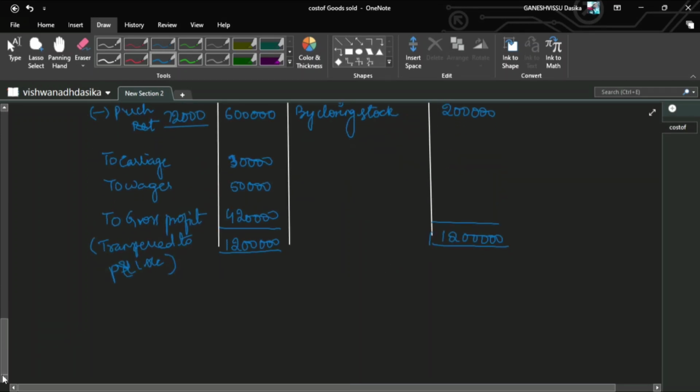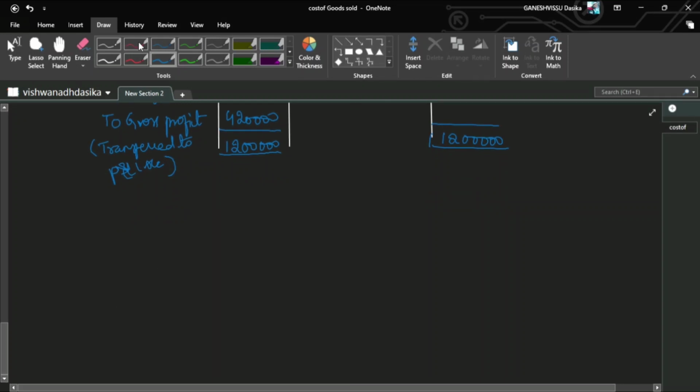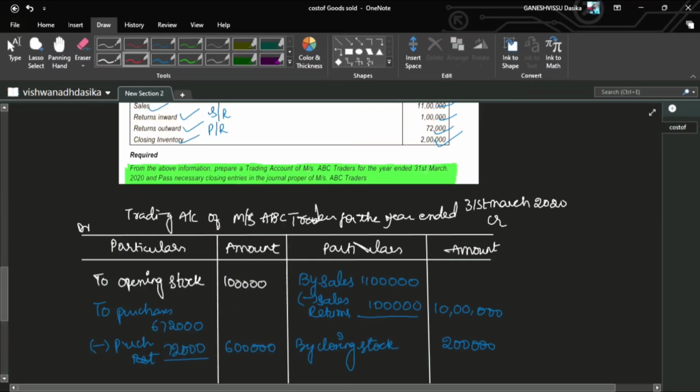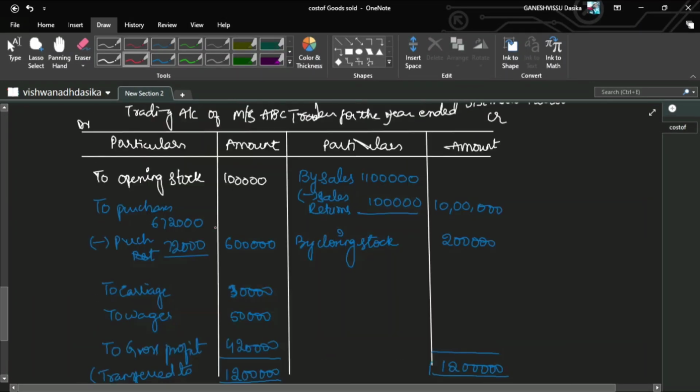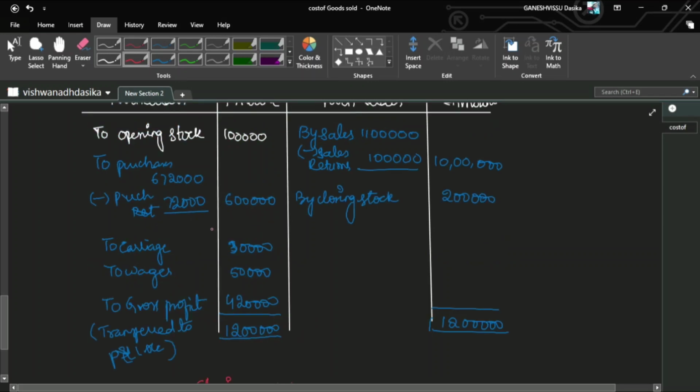Okay, now we shall write down the transfer entries, sorry, I mean closing entries. Closing entries, what are the closing entries now? Closing entries is nothing but the adjustments what we have made to trading account, those are the closing entries. The first adjustment we have made is this one, purchases less purchase returns.